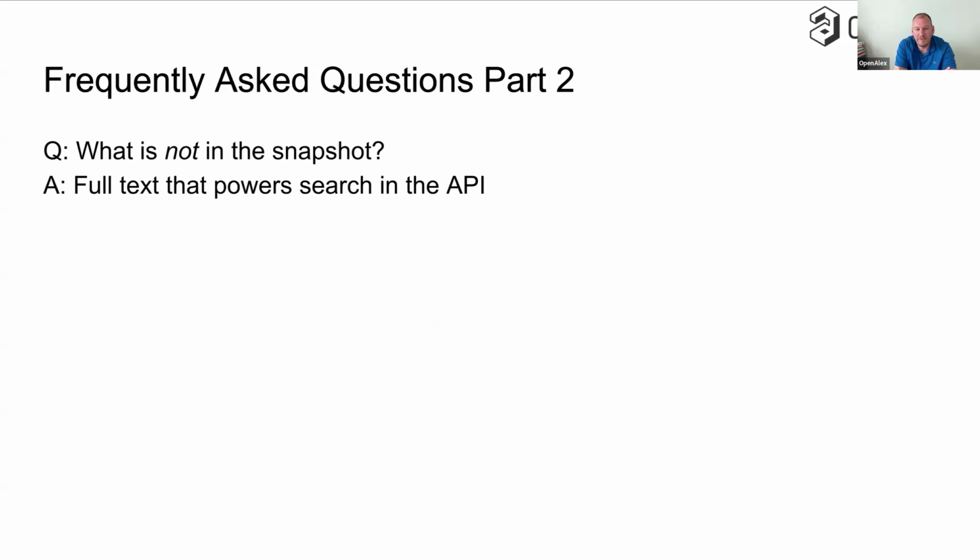And right now we have not been exporting that in the snapshot. That's not to say that won't change. We're not against it, but that's just the way things are right now. The full text is not. So if you try to really replicate the API or what it's doing, you wouldn't have the full text that makes the search a little better. But you would have the search as title and abstract, which is often a lot and very effective.